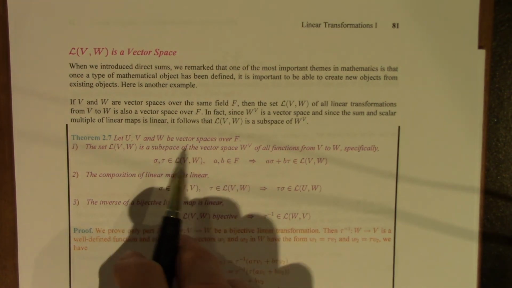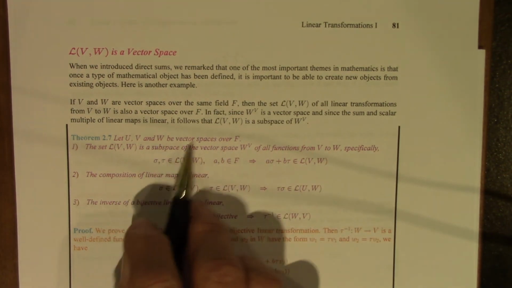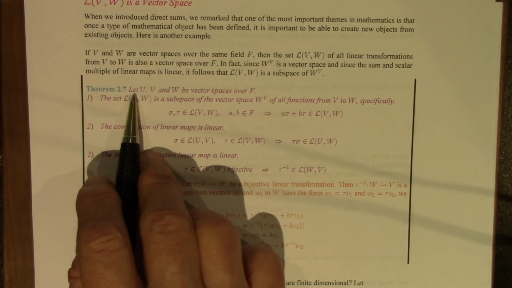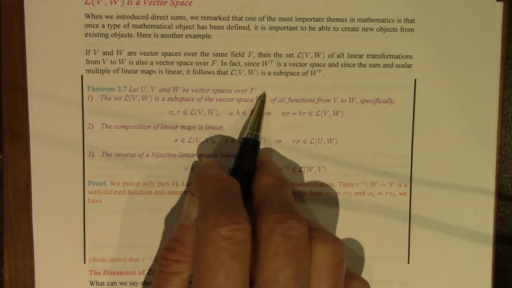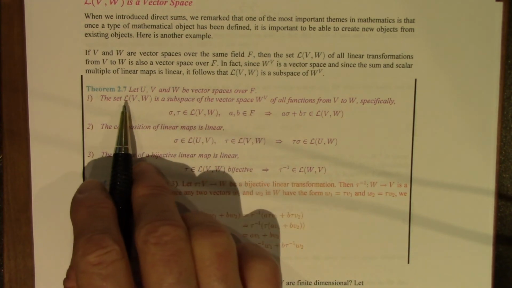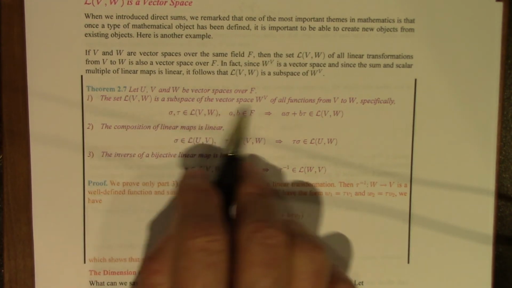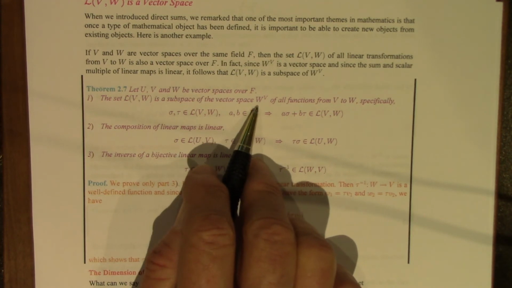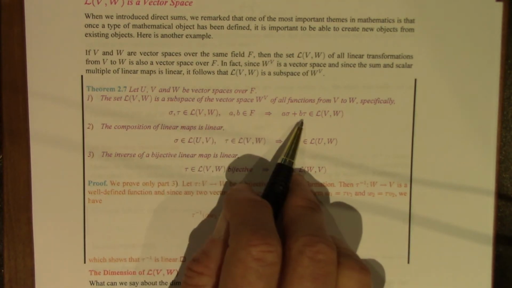This theorem restates that and adds a couple of other important facts. So we have 3 vector spaces over the field F. L of V,W is a subspace of the vector space of all functions from V to W. And here's the specifics.